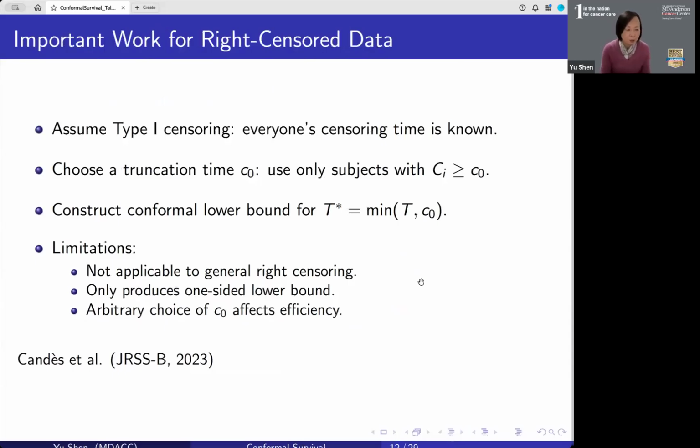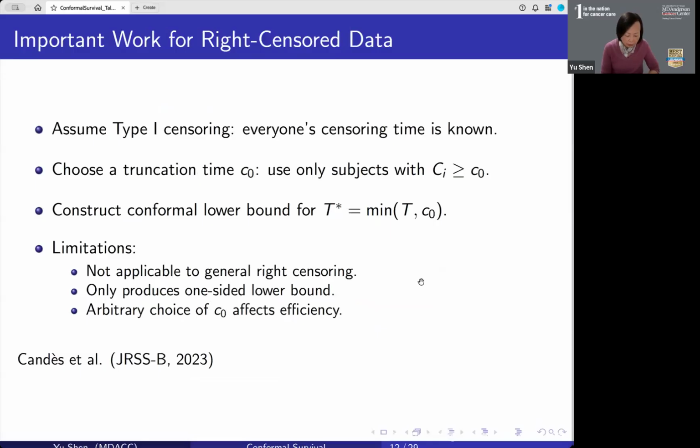Well, two years ago, Candès' group extended conformal inference to right-censored data. It's a very important paper published in JRSSB 2023.